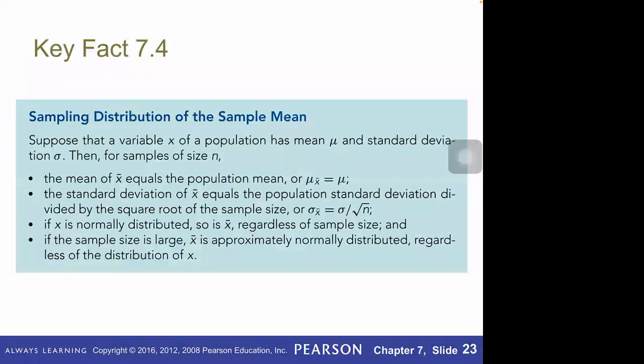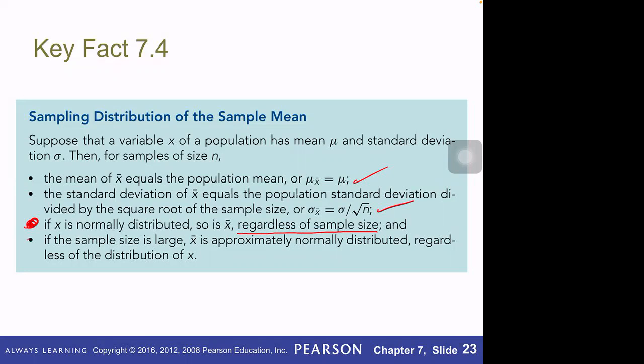These are the properties I told you. The mean of x bar equals the population mean. The standard deviation is sigma over square root of n. If x is normally distributed, your population is normally distributed, then x bar, regardless of the sample size, is normally distributed as well.